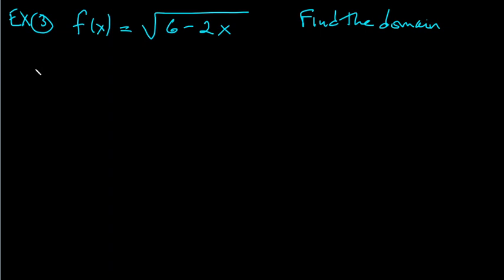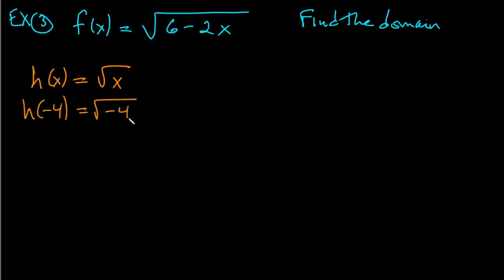Okay, so the main idea here is if I have any square root function, right, I can plug in any number, any positive number, and I can plug in 0. But if I try plugging in a negative number, hopefully you remember what that means. You get an imaginary number, and we don't want to deal with those, right? No imaginary numbers, pretty much for the entire class, right?